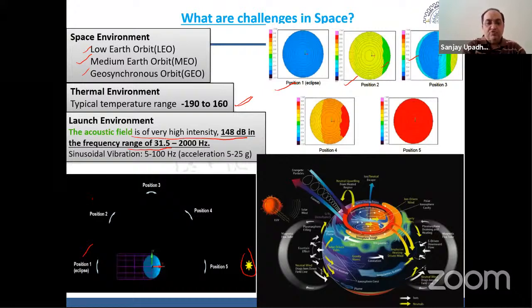Then in position number 2, partially you get sunlight, and partially it is dark. So you are getting some temperature rise. In final position number 5, this is a high temperature, directly exposed to the sun. All these challenges we need to identify and rectify.